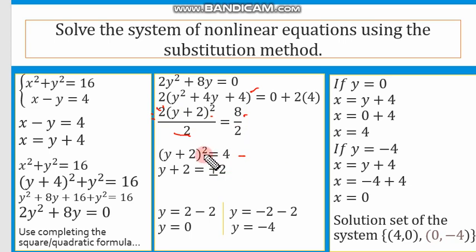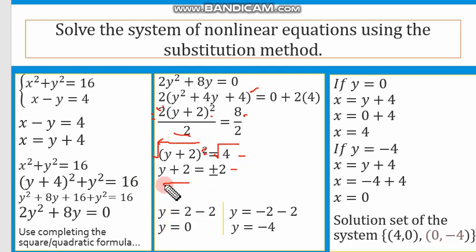Since we want to remove the exponent here, let's extract the square root of both sides. So the square root of (y plus 2) squared is y plus 2, and the square root of 4 is plus or minus 2. So y plus 2 is equal to plus or minus 2.